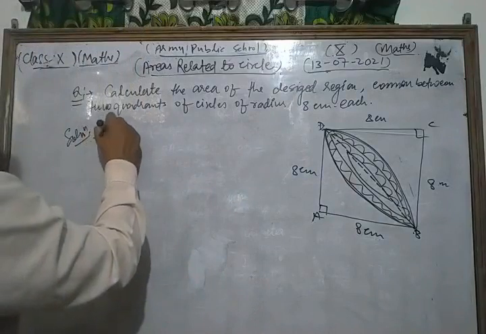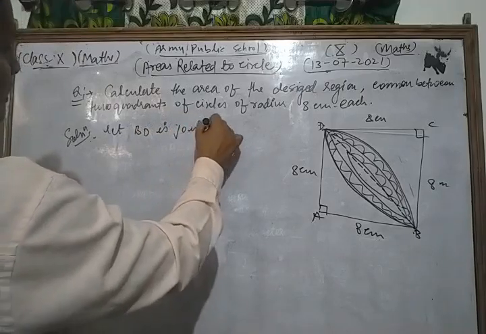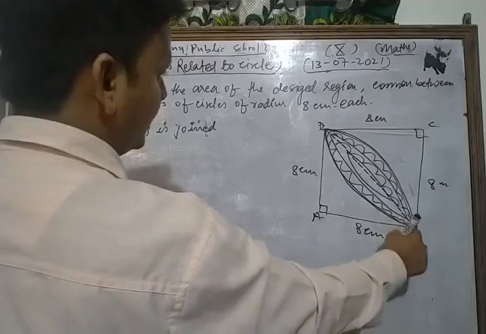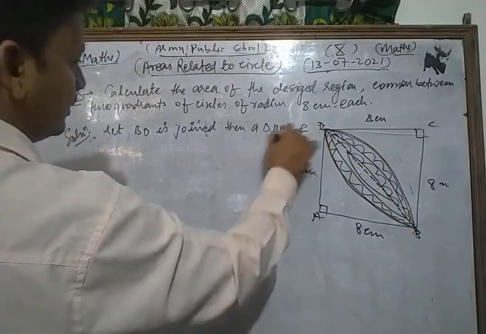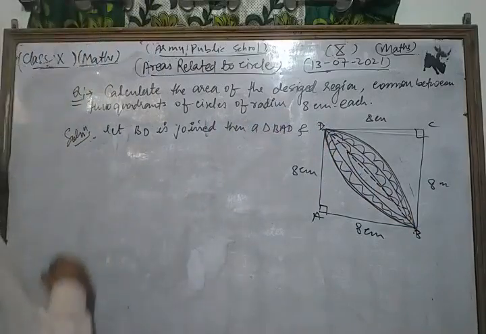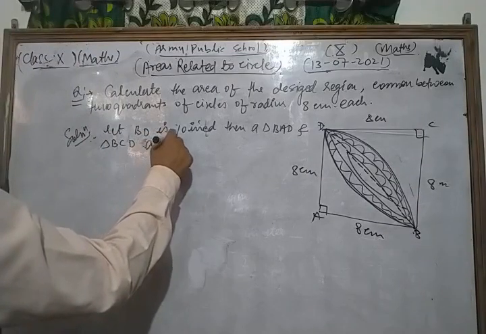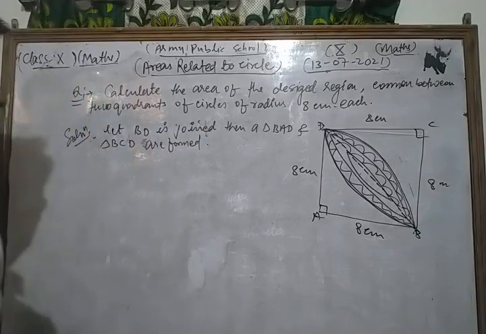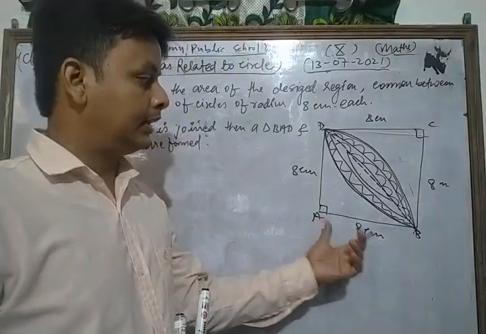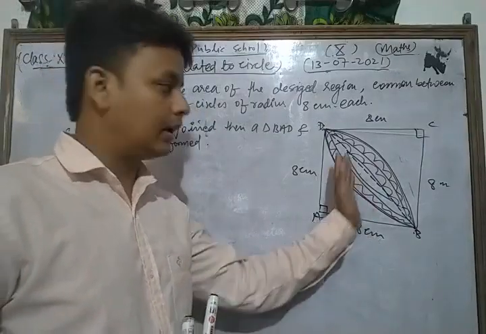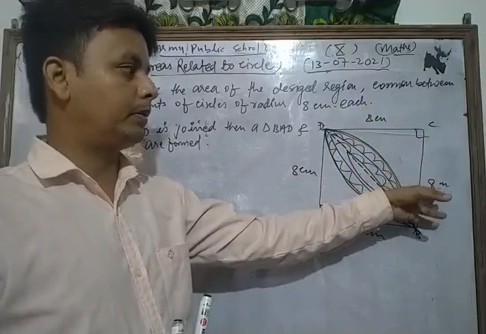So in this way we find the area of the whole design. Let BD be joined, then triangles BAD and BCD are formed. In that question, the radius of each quadrant remains the same, and the area of each triangle is also the same, because base and height are the same.